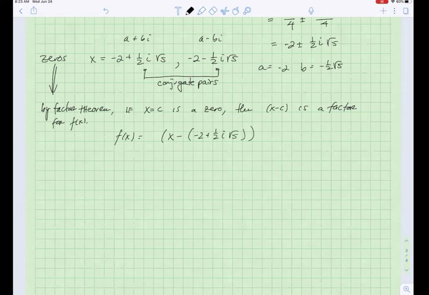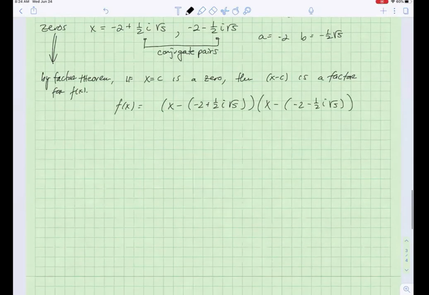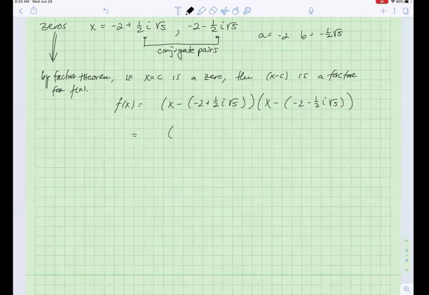I'm using parentheses there because I'm going to have to distribute that negative sign. And the other factor is x minus (negative 2 minus 1/2 i root 5). But that's not exactly correct. So first off, if we simplify this a little bit and distribute the negative sign, we get x plus 2 minus 1/2 i root 5, and x plus 2 plus 1/2 i root 5.